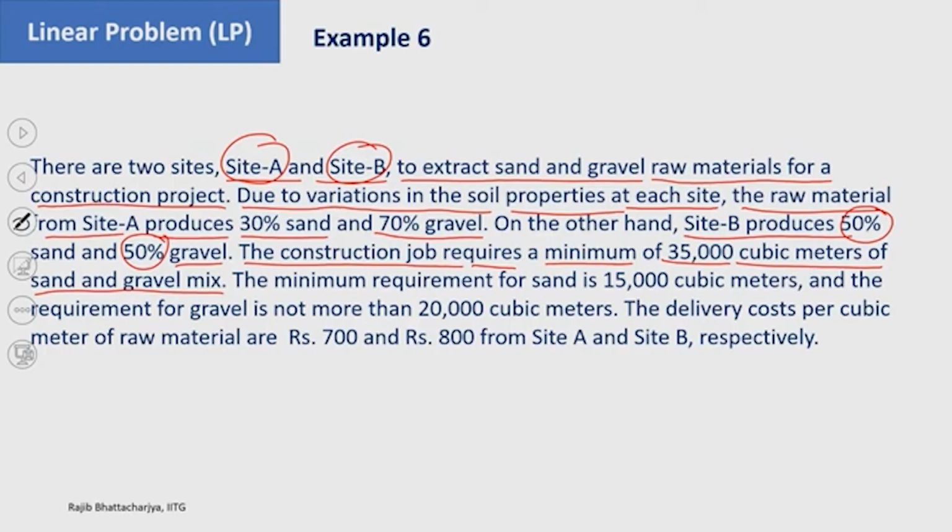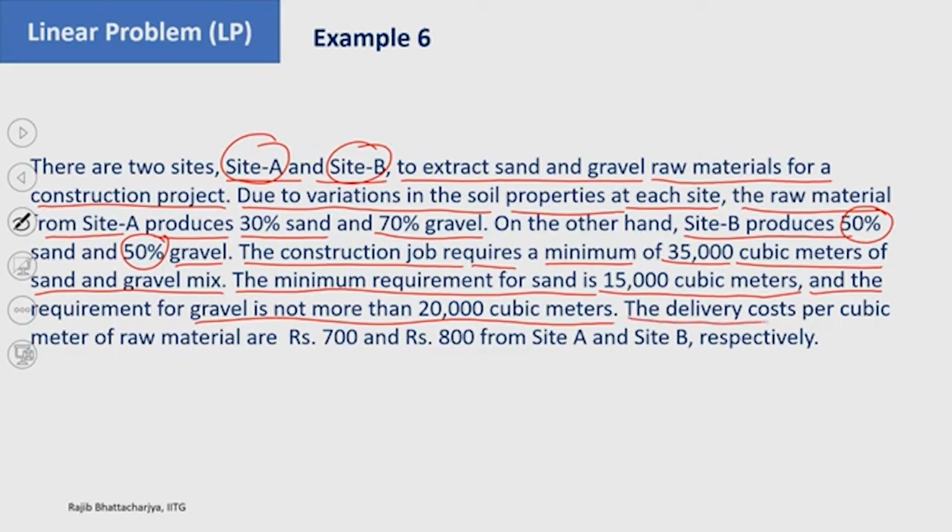The minimum requirement of sand is 15,000 cubic meter and the requirement of gravel is not more than 20,000 cubic meter. So, for sand the minimum requirement is 15,000, but for gravel the maximum requirement is 20,000.